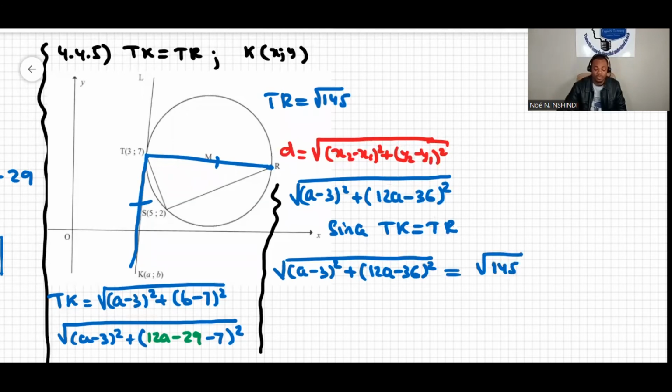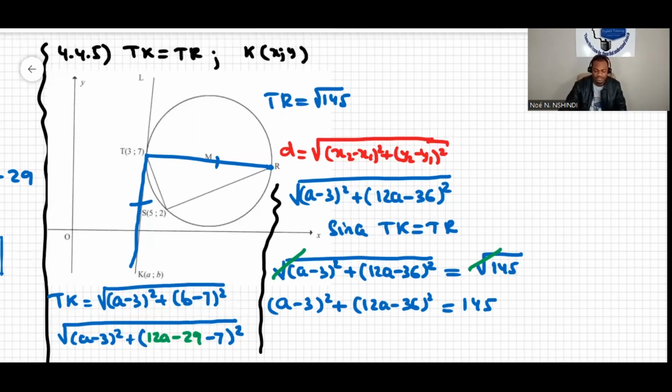Now we have a square root on both sides of the equation, so we are allowed to remove the square roots. In other words, we raise both sides to the power of 2. The square root is cancelled out, and we are left with A minus 3 to the power of 2 plus 12A minus 36 to the power of 2 equal to 145. I don't need to put plus or minus because lengths and distances are always positive.